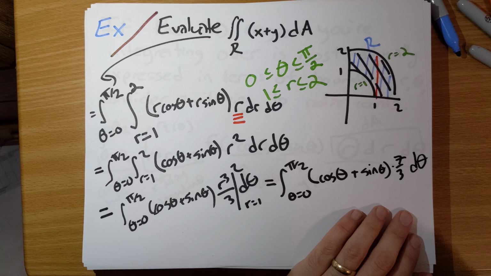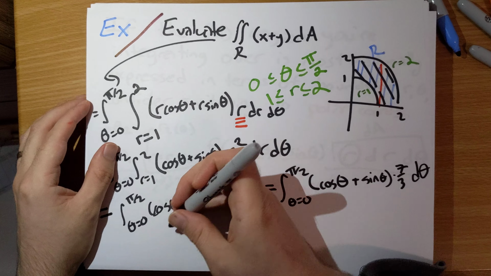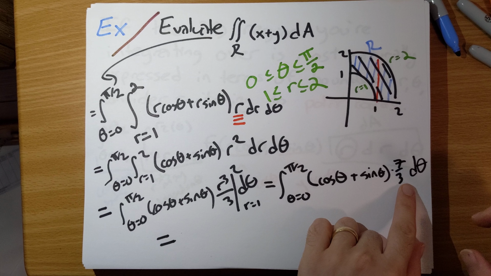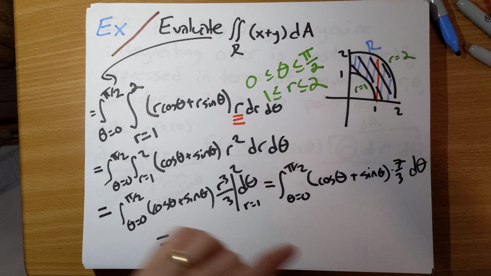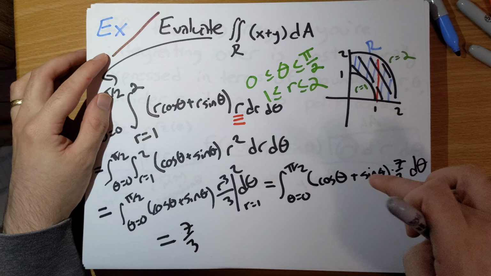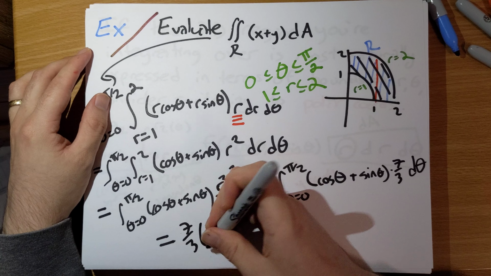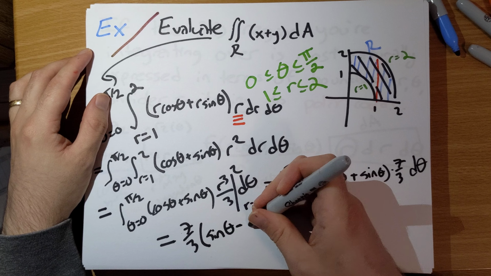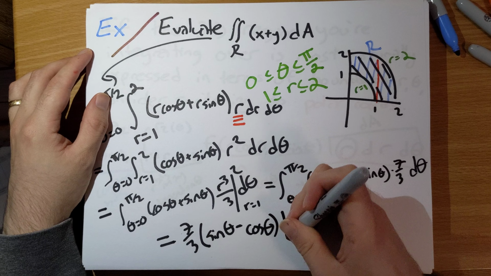Okay, and now we have to do one more integration here. The antiderivative of cosine theta plus sine theta with respect to theta is going to be sine theta minus cosine theta.